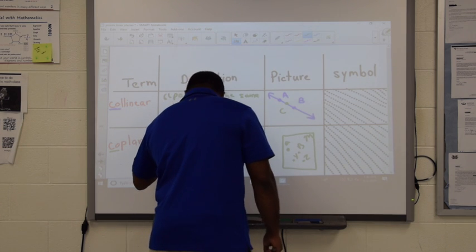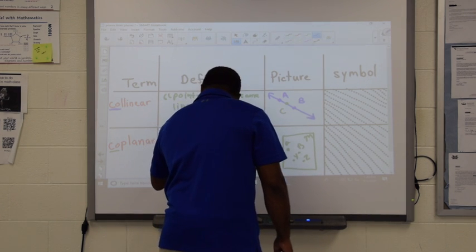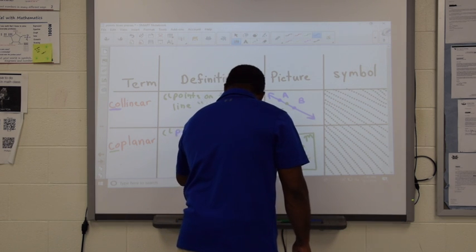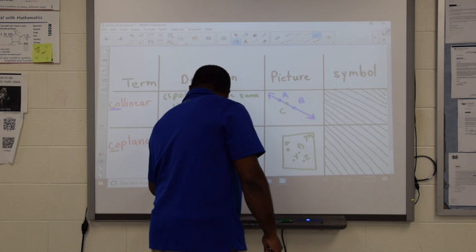So our informal definition, points on the same plane.